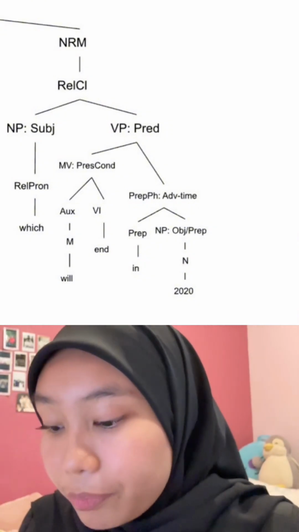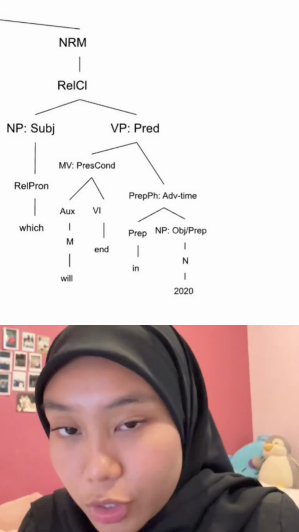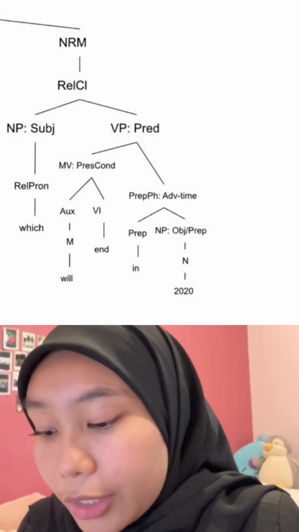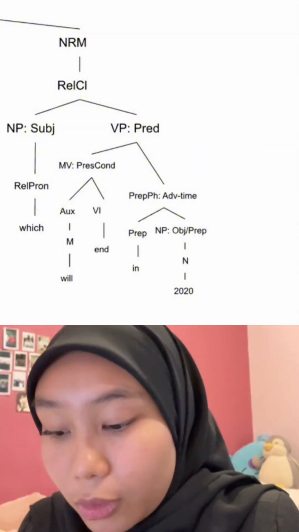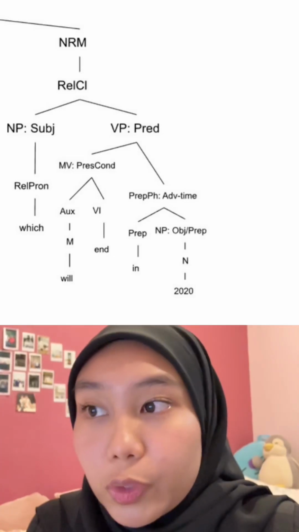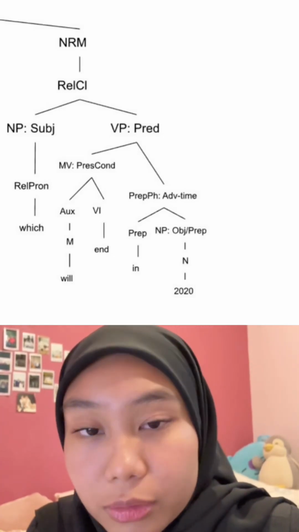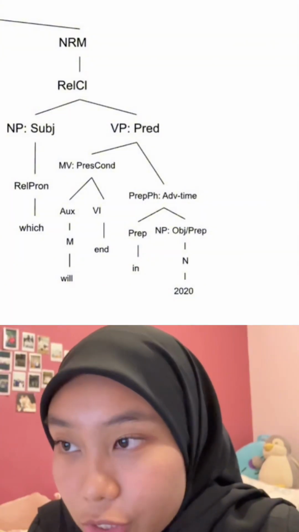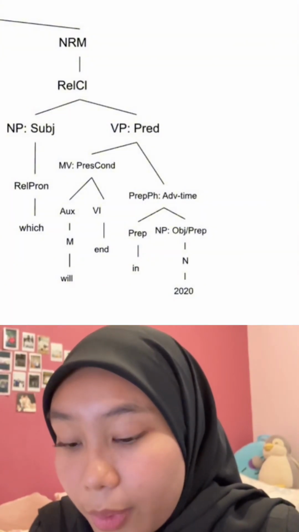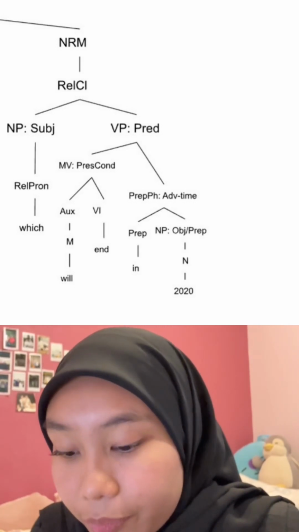To diagram the relative clause, make another branch under the subject, and then put an NRM, and under NRM put relative clause. Under relative clause make a branch for the noun phrase subject, which is the relative pronoun which. Then another branch under relative clause is the verb phrase predicate.